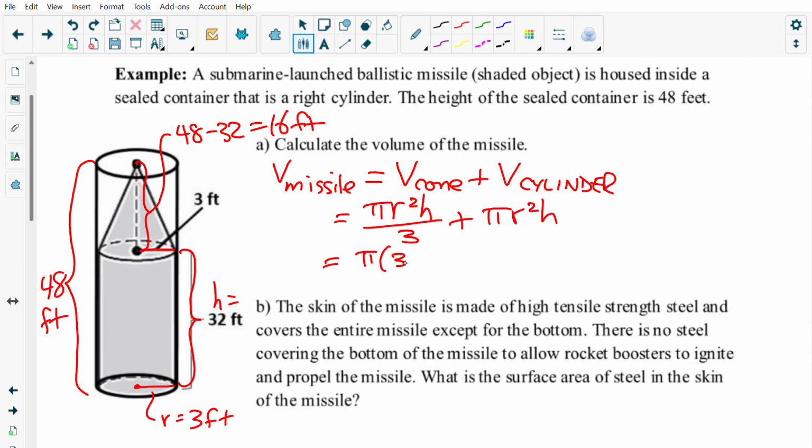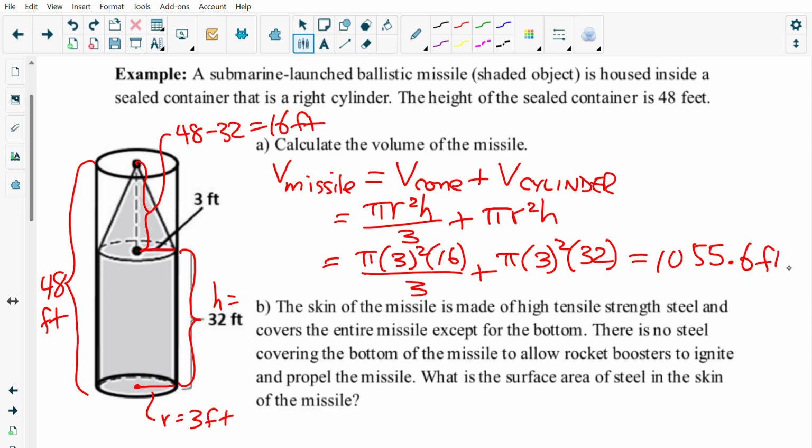So that's pi times 3 squared times the height of the cone, 16 feet, divided by 3, plus pi times the radius of the cylinder, 3, squared, times the height of the cylinder, 32. The volume of the missile is 1,055.6 cubic feet.